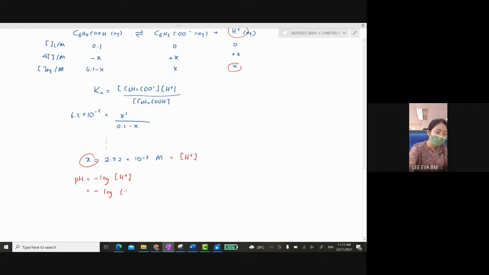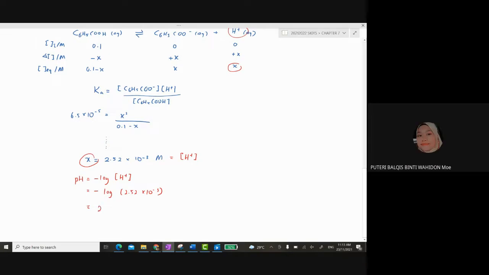So substitution gives the value of pH, which equals, you find it. They have given the value for x, you find the pH. 2.6. 2.6. The rest of you agree? Yes. Okay, 2.6.